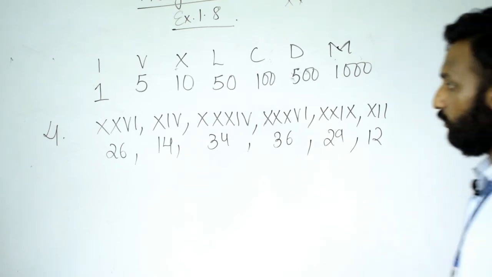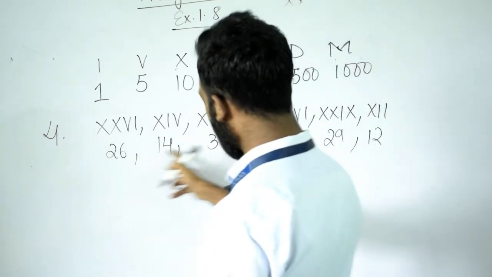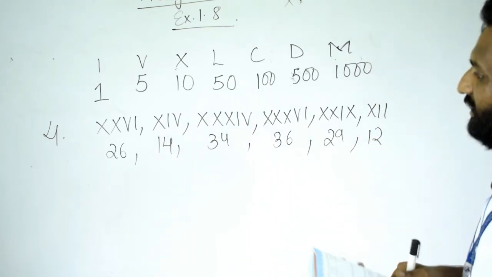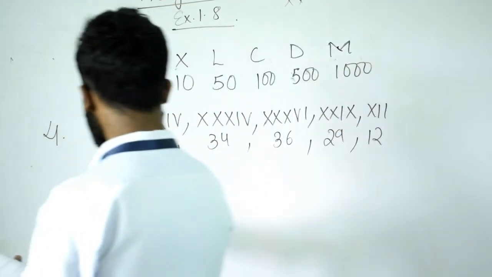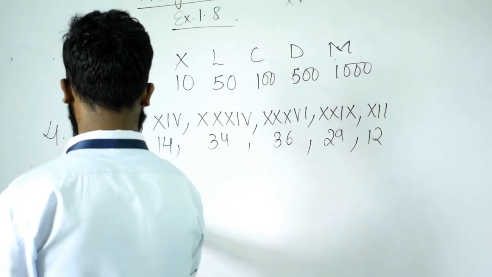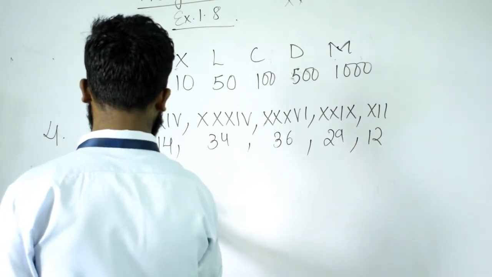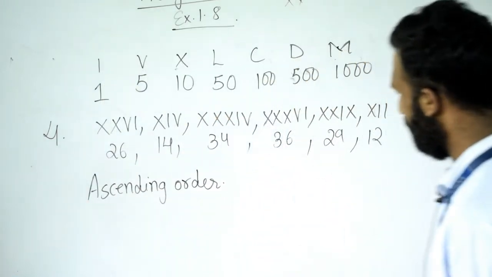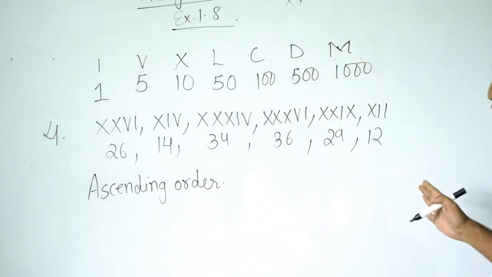Now we have to write them in ascending order. Ascending means from small to big. So which one is small here?